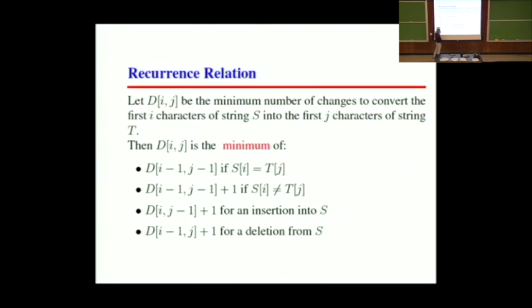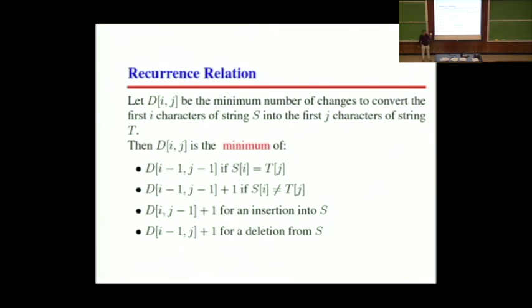It is the minimum of d[i-1][j-1] if there's a match, or d[i-1][j-1] plus one if the two characters don't match, or we can insert something into the first string, which will end up meaning it matched the last character of the second string. So we could pay d[i][j-1] plus the cost of the insertion, or d[i-1][j] plus the cost of the deletion.